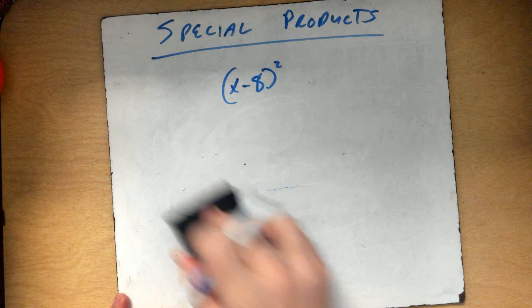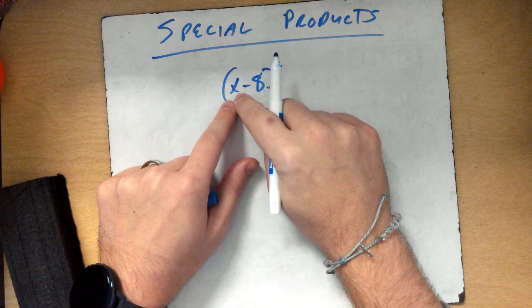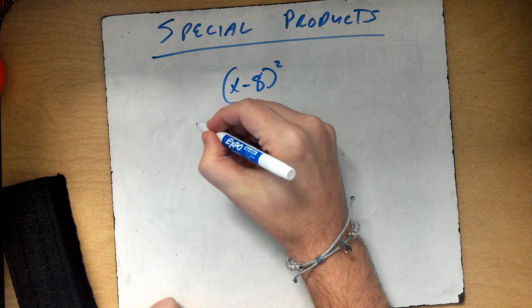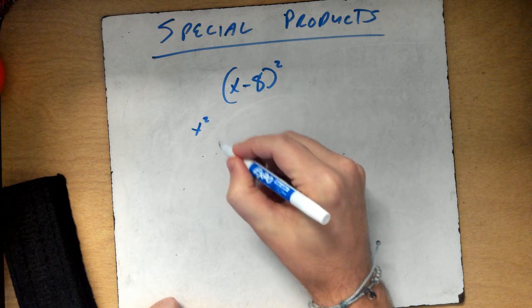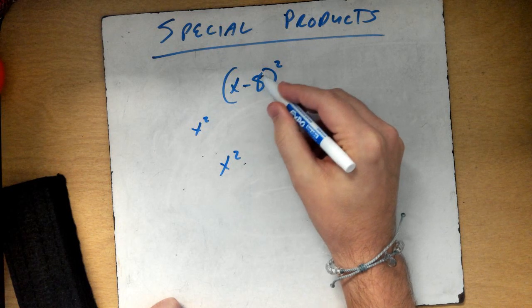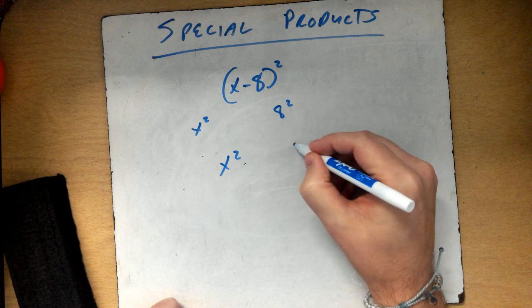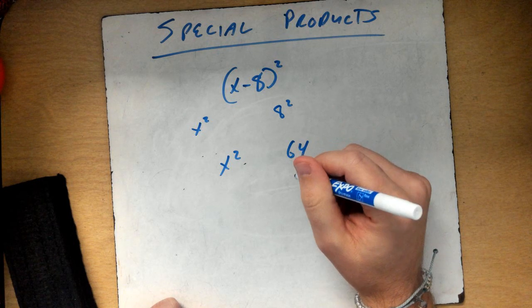Shortcut way, once again, all right, take our first x, square it. So x squared is just going to be x squared, okay? Here, 8 squared, so 8 squared equals 64, right?